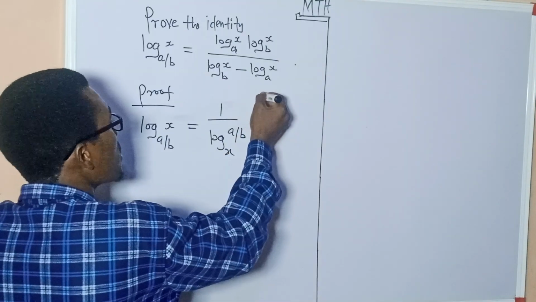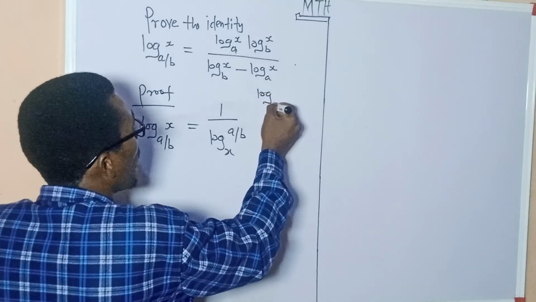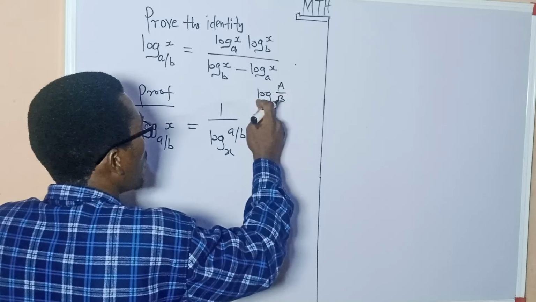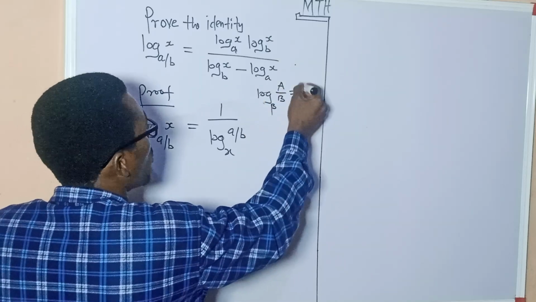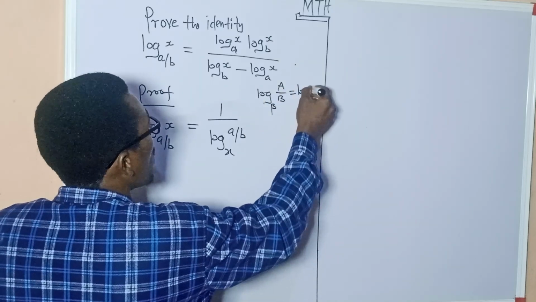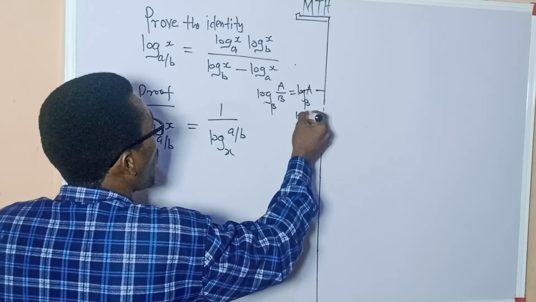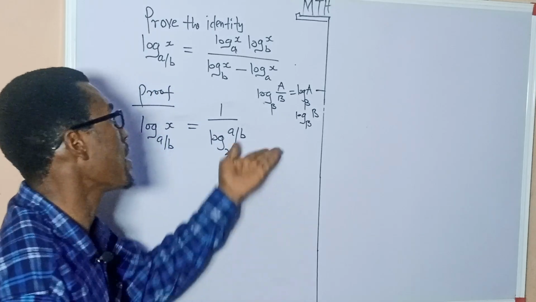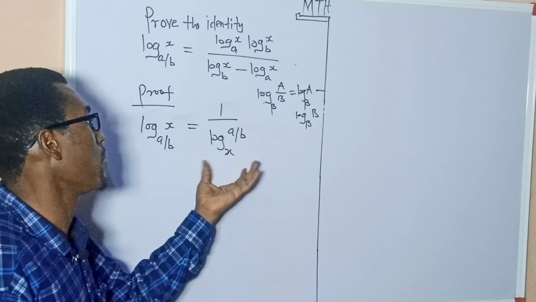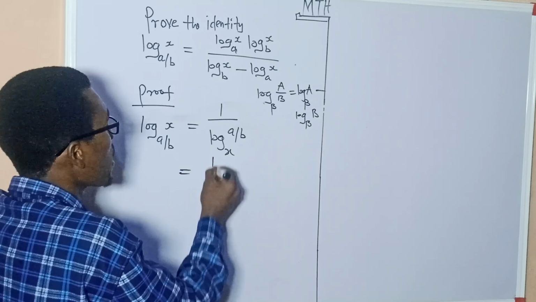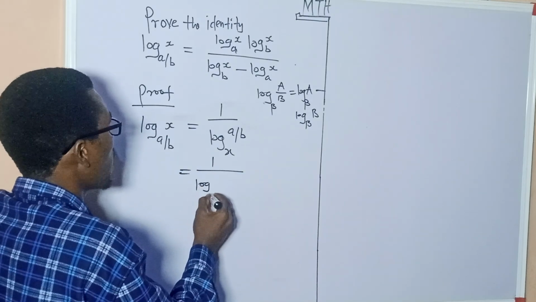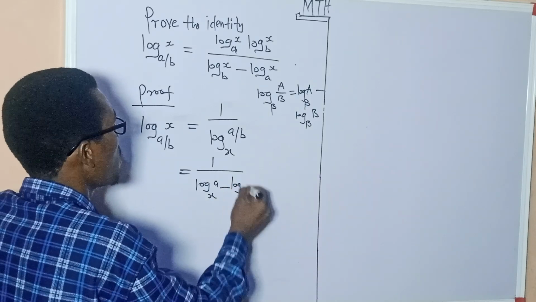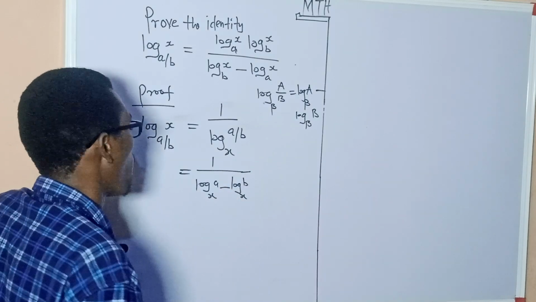It says that log to base beta of a over b, that is a log of a quotient, is equal to log to base beta of a minus log to base beta of b. If we apply this law to this problem, it becomes 1 over log to base x of a minus log to base x of b. Can you see that?